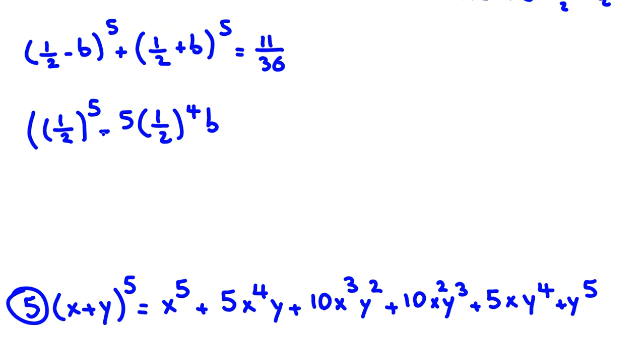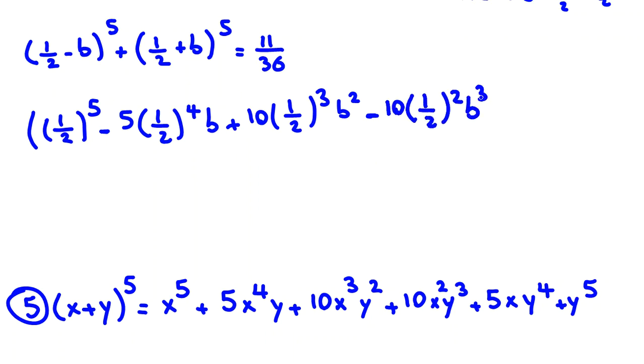Plus 10 times 1/2 cubed, b squared, since negative b squared is b squared. The next one, minus 10 times 1/2 squared, b cubed. And the next one, plus 5 times 1/2 b to the 4. And the last one, negative b to the 5. Here, x is 1/2, y is negative b.